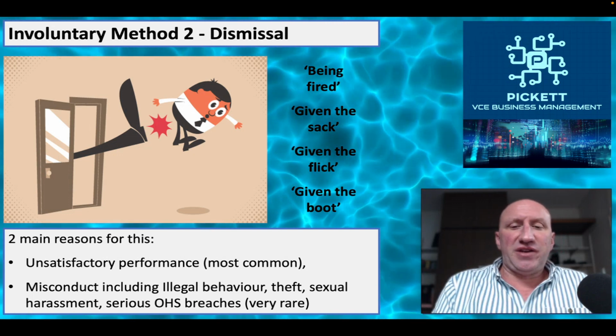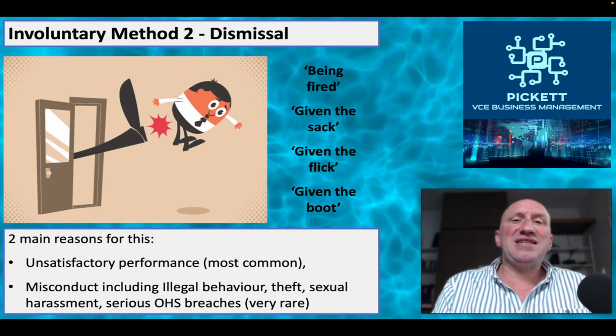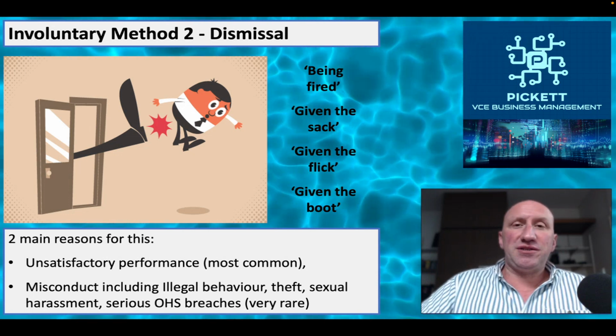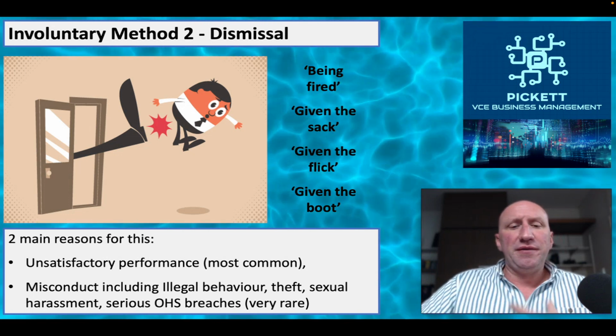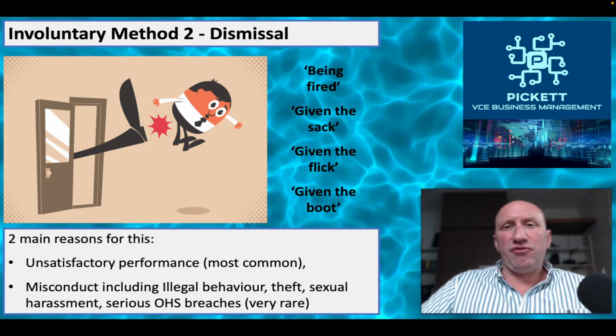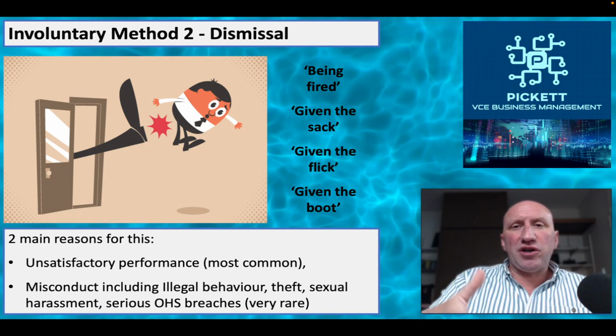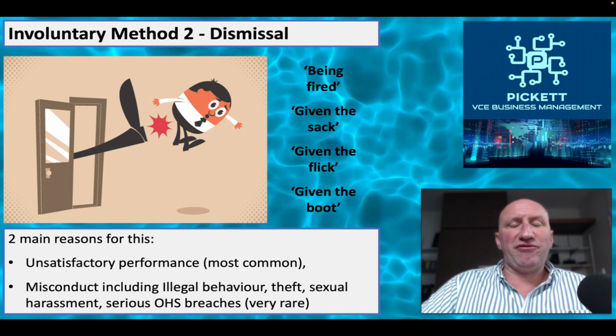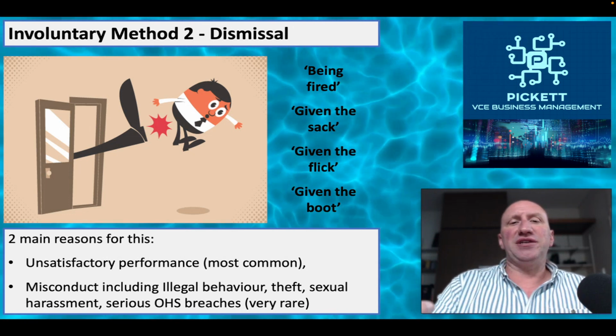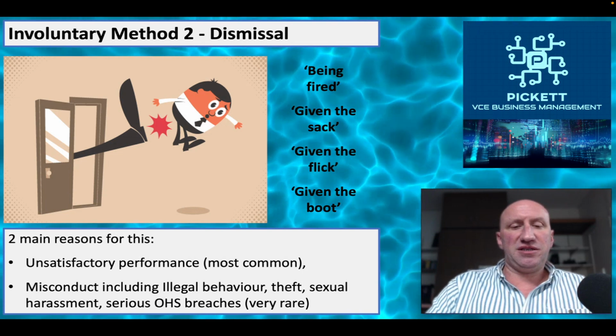Now, two main reasons for this. Number one, unsatisfactory performance. That's the most common one. And actually, if you wanted to make that a little bit more accurate, I would probably say sustained or longer term unsatisfactory performance. So that's the main reason that people are ultimately dismissed.